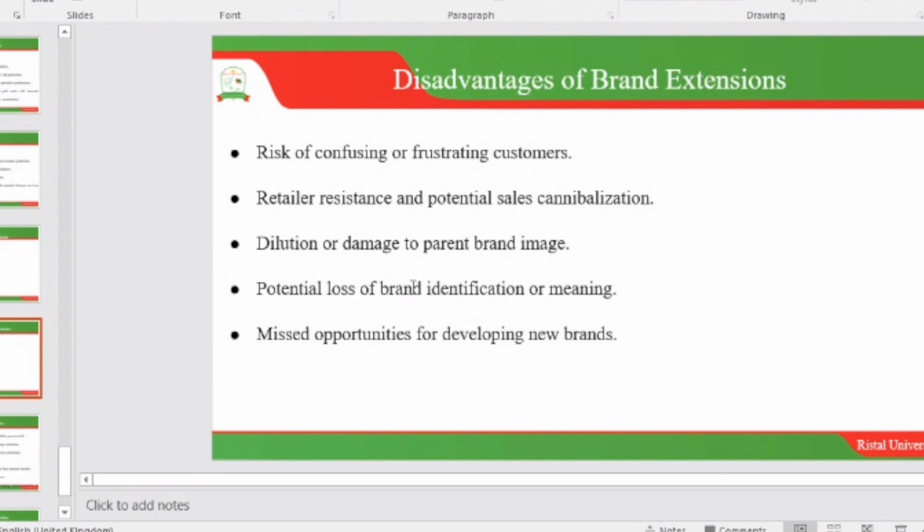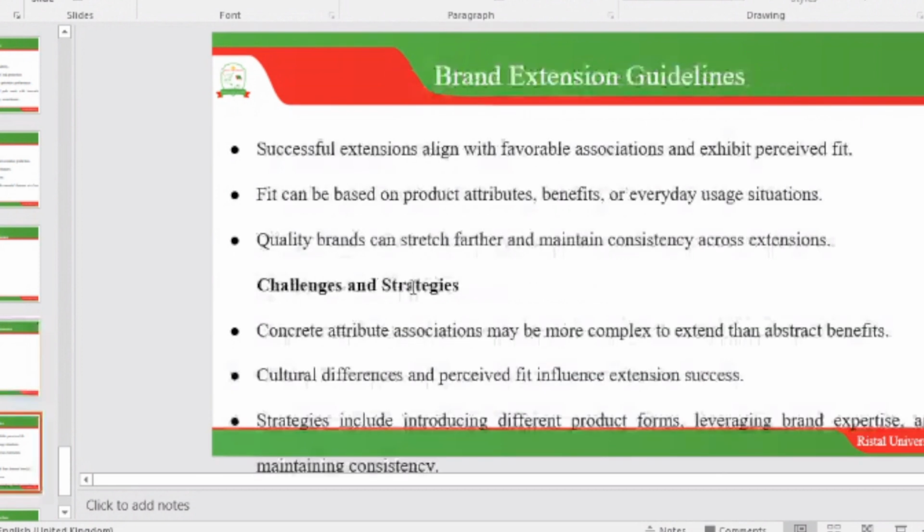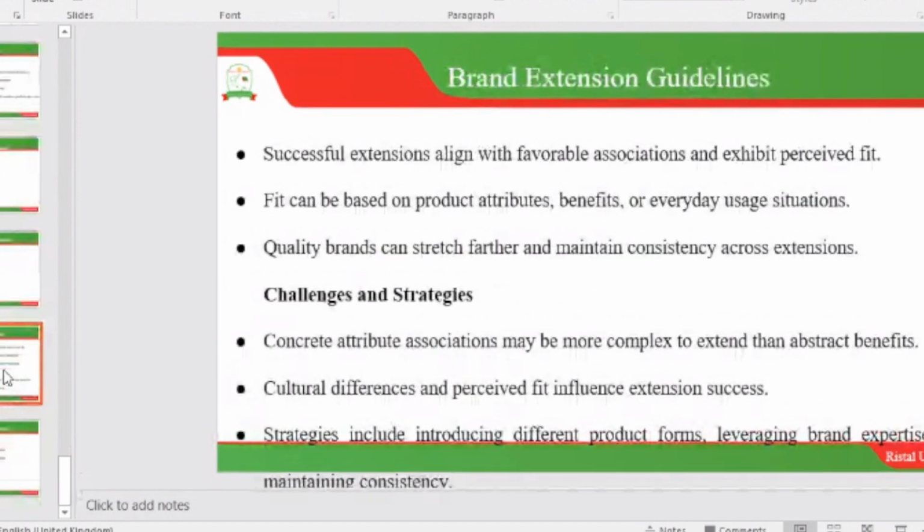Then there is also the possibility that you will miss opportunities for developing new brands because you are extending your brands. The chances that you may be able to develop a new brand are minimal.